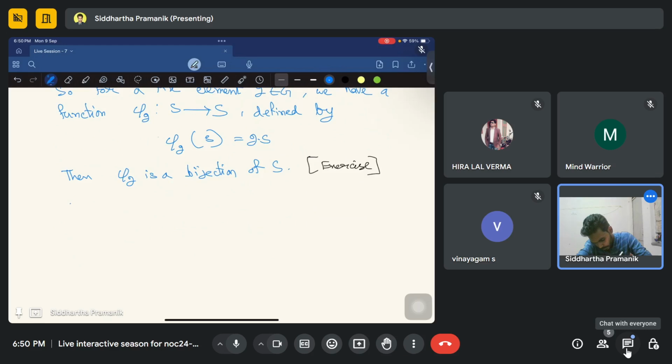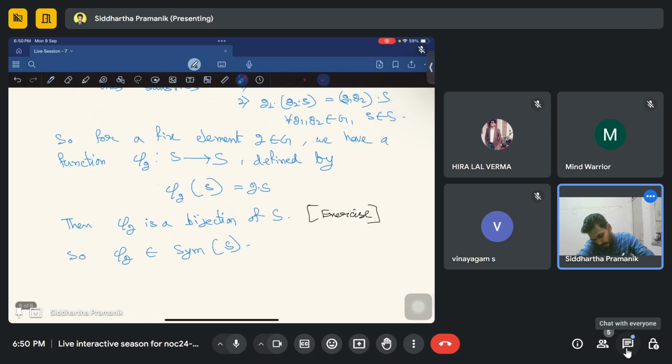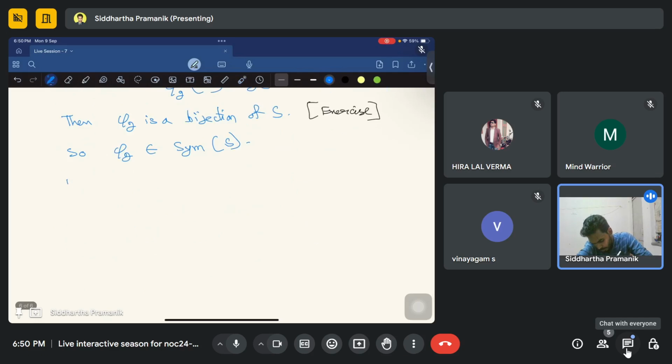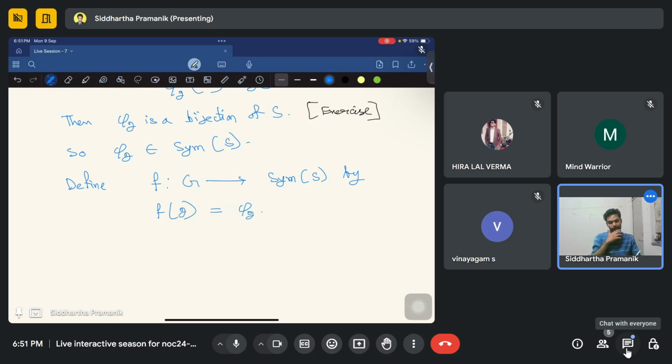So then phi_g belongs to the set Sym(S). So for each element g of the group G, we have an element of this group Sym(S). So that means we have a function. So define f from G to Sym(S) by f of g as the function phi_g.